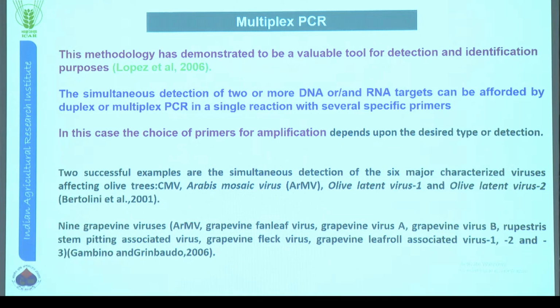Why? With the same Tm value, sometimes it will not amplify. The melting temperature will be, for example, 55, but it should be ideal at 55 and all pathogens should be detected based on multiplex PCR. Basically for viruses, you can see many multiplex PCR-based markers are available. For fungi there are very few in multiplex PCR.